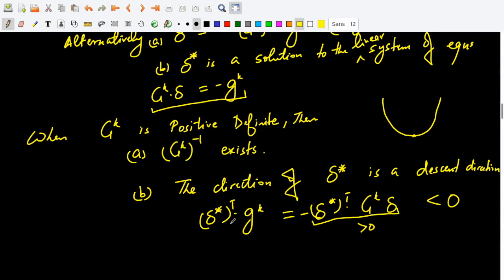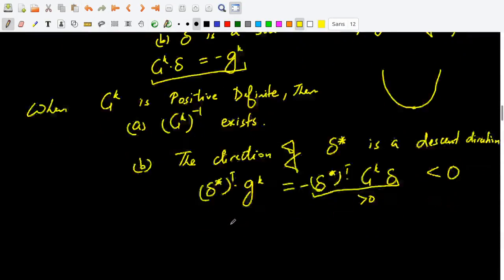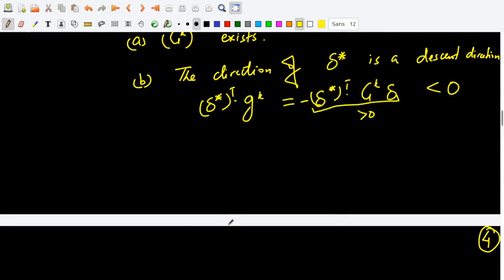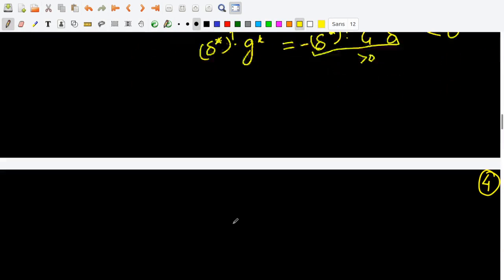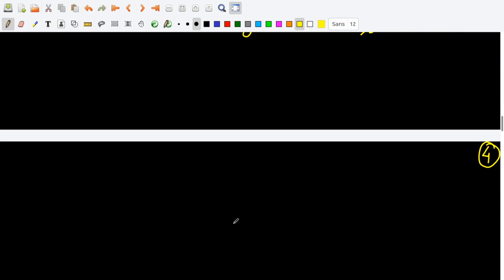So things are good when Gk is positive definite. In fact, things are very good when capital G, or the Hessian, is positive definite and we are close to the local optimal solution. So the second condition is quite important.